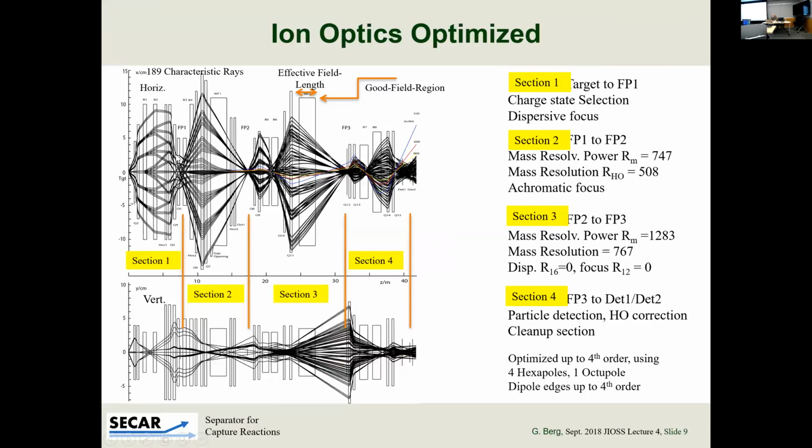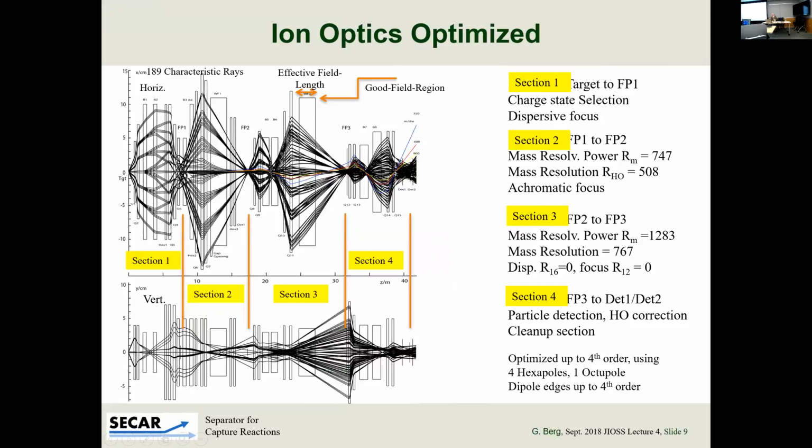The first section is up to the focal plane 1. Focal plane 1 after the 2 dipoles is dispersive, and the dispersion is good enough to select, that is the correct word, one charge state.